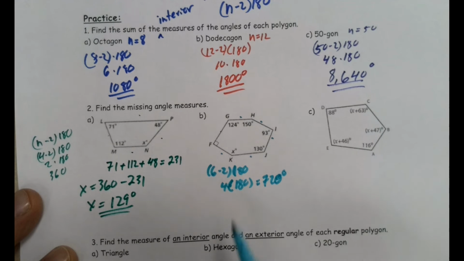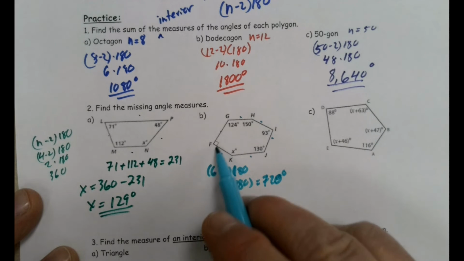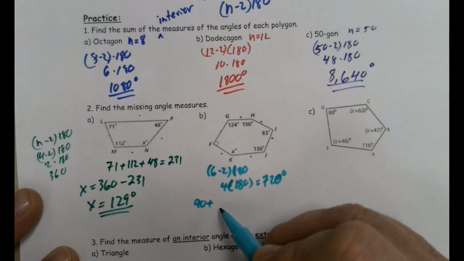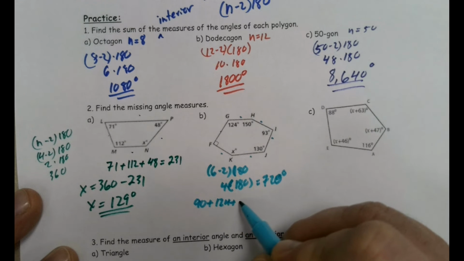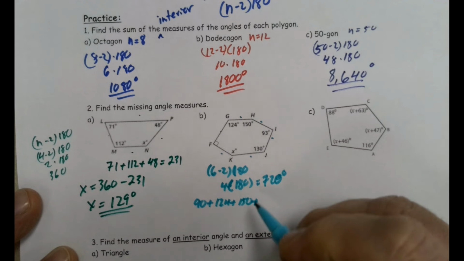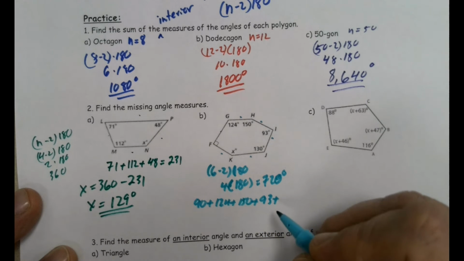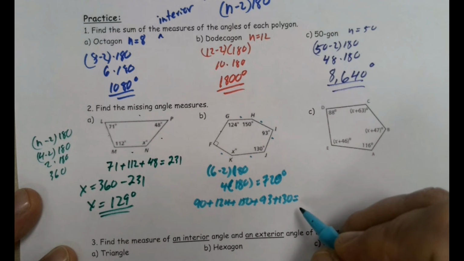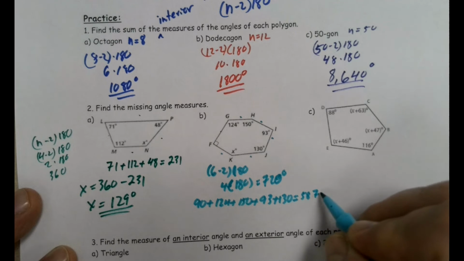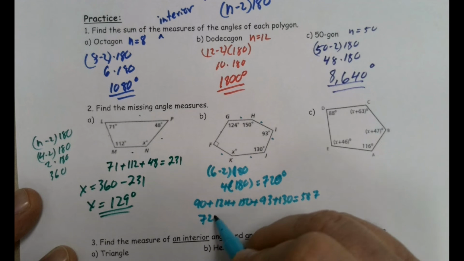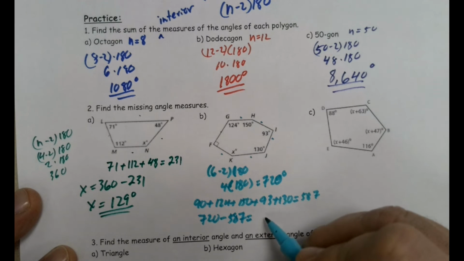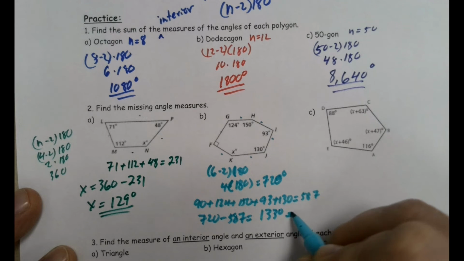All right, and when I look at what I have, I got that right angle, which is 90, plus 124, plus 150, plus 93, plus 130. When I add all this together, I get 587. So I take 720 minus 587, and that equals 133 degrees, which is what x is.